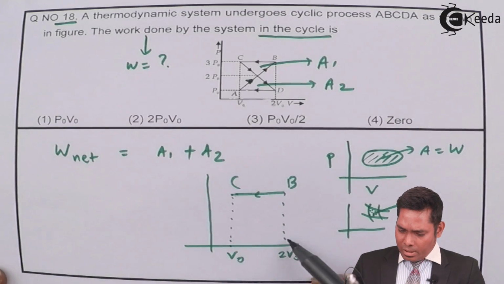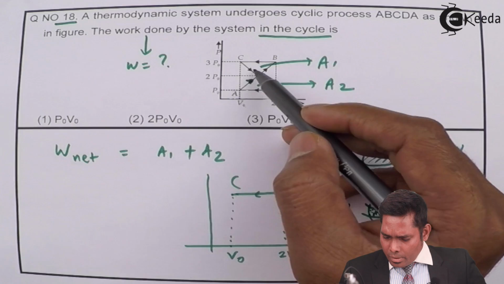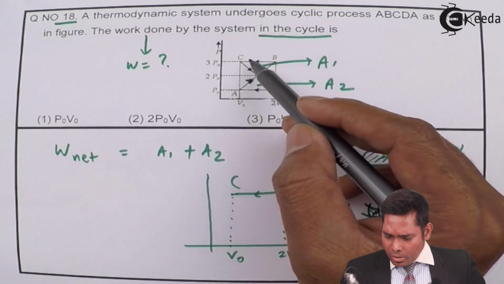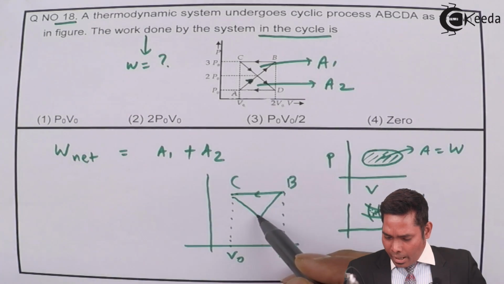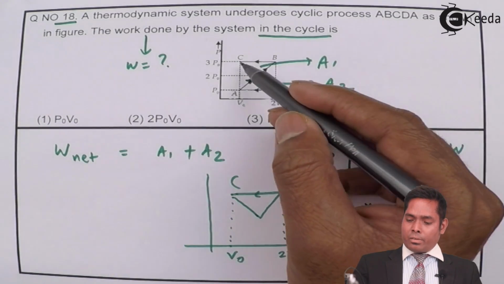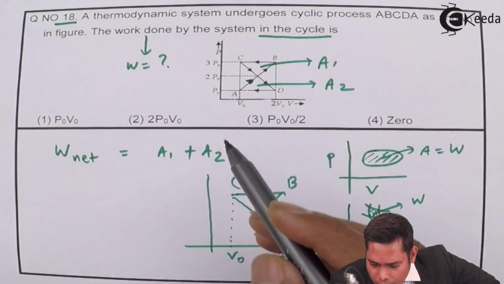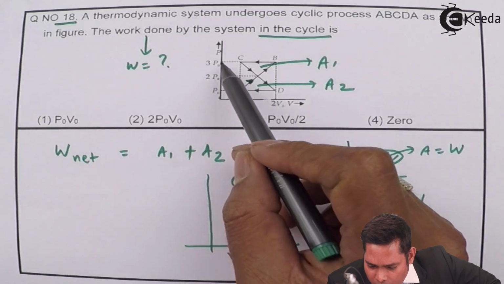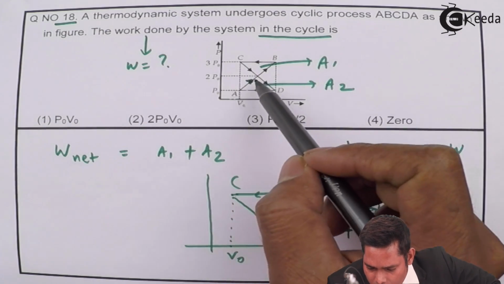The total work done is this one, but we are interested only in the enclosed path, that is this triangle, because the rest will add and cancel out. This is P naught, this is 2P naught, this is 3P naught, so it is equally divided. This length is equal.